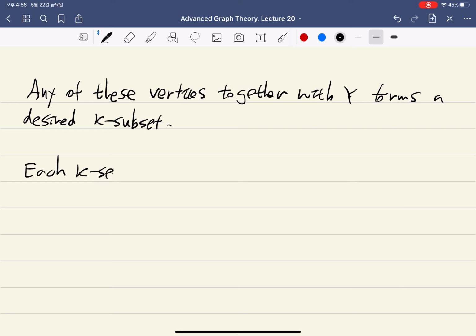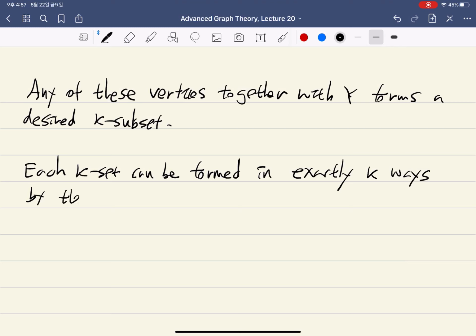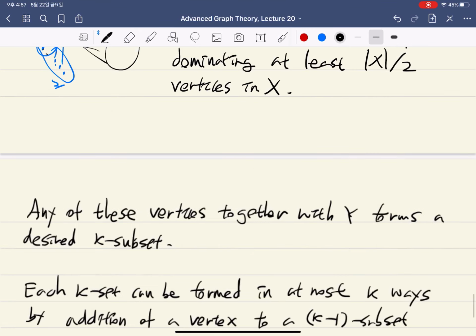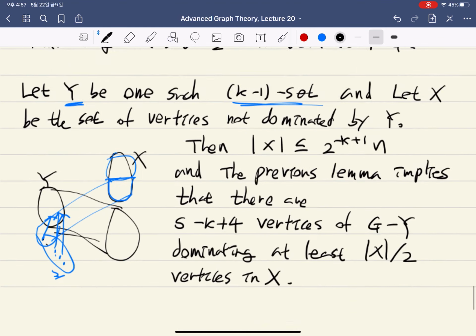This k set can be formed in at most k ways, I wouldn't say exactly, but at most, by the addition of a vertex to a k minus 1 subset, which is one of these subsets dominating a lot.